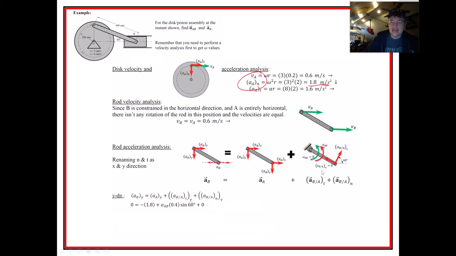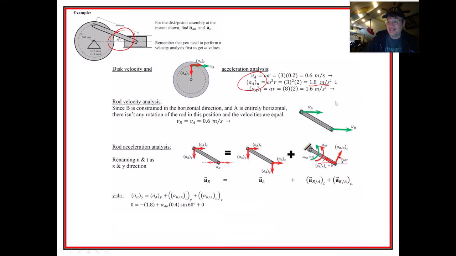So we get alpha AB times the length right here, which is 400 millimeters or 0.4 meters, times the sine of 60, because you can see this angle right here is going to be 60 degrees. We know that because this angle is 30 degrees right up here, so we could figure out that that's 60 degrees.